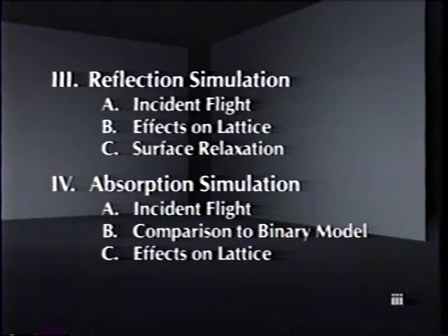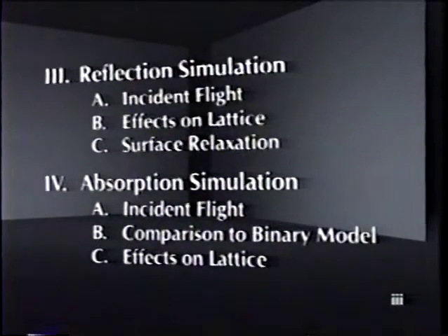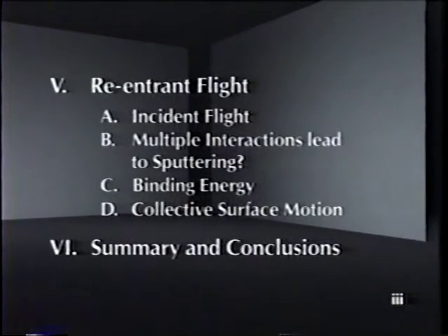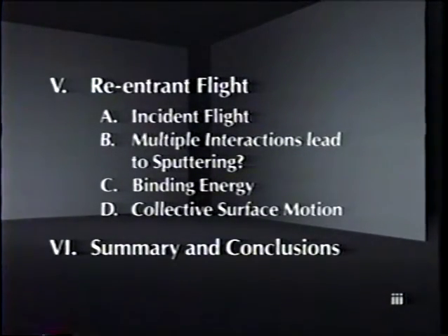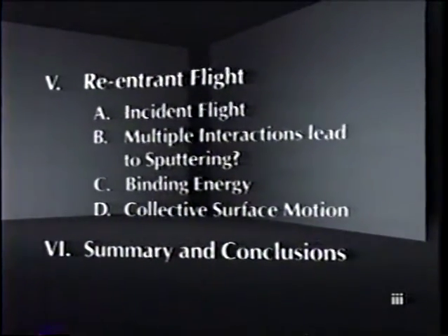Absorption simulation, incident flight, comparison to binary collision model, and effects on lattice. 5. Re-entrant flight, incident flight, multiple interactions lead to sputtering, binding energy, and collective surface motion. And 6. Summary and conclusions.